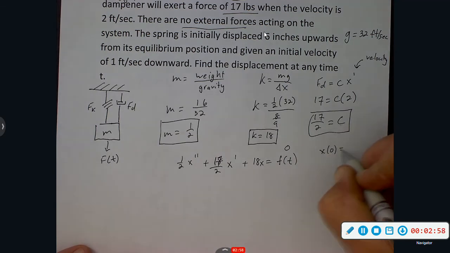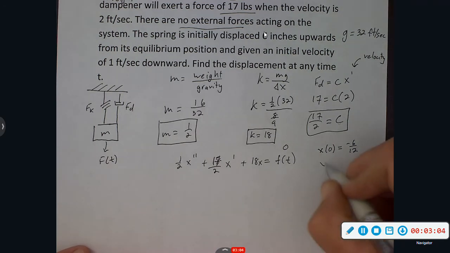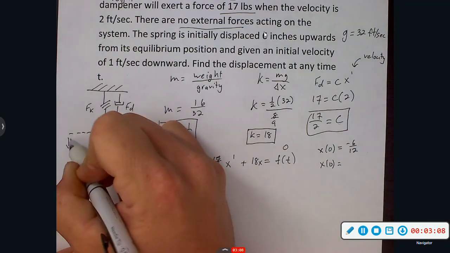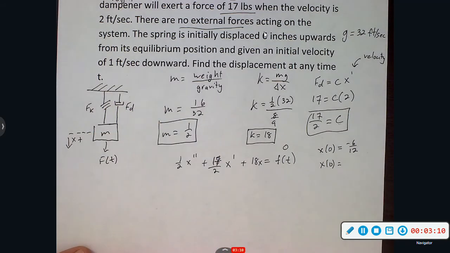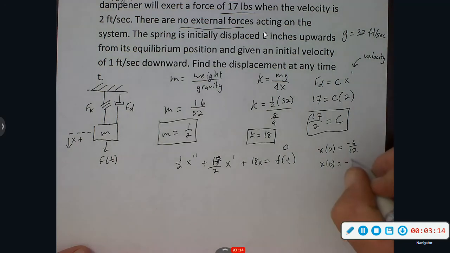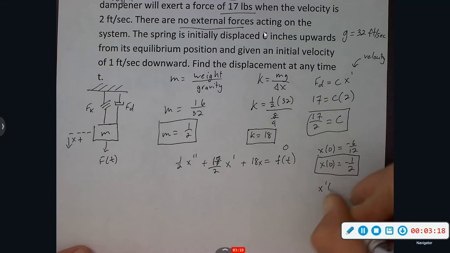Our initial position is -6 over 12, upwards being negative. Previous videos, we've talked about defining our coordinate system with x positive going down. So again, we have another value we can lock in. We also know the initial velocity was 1.